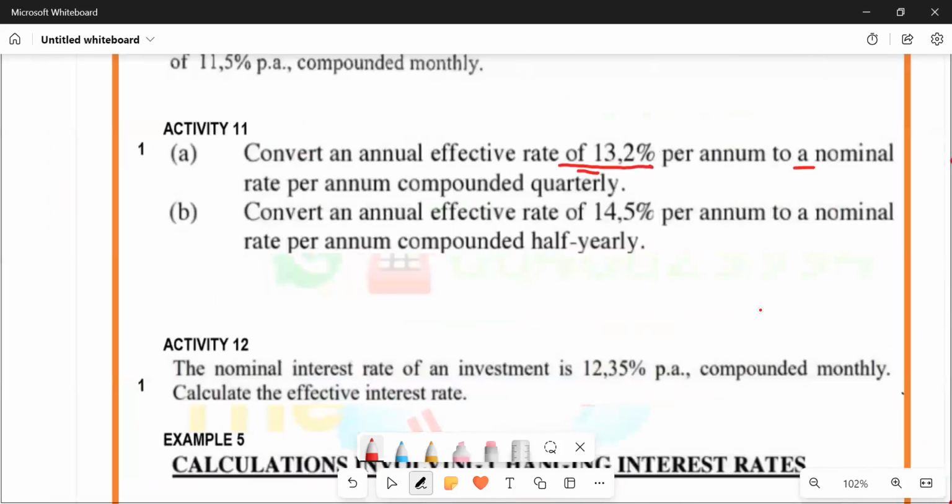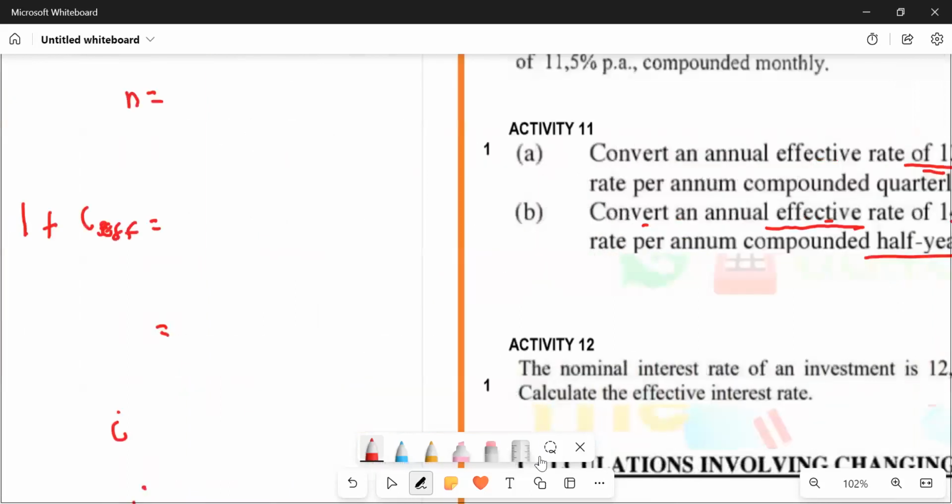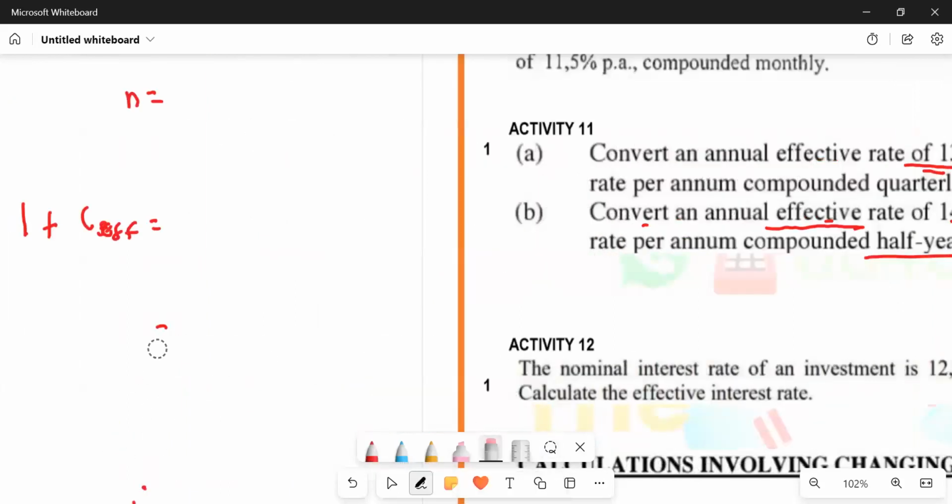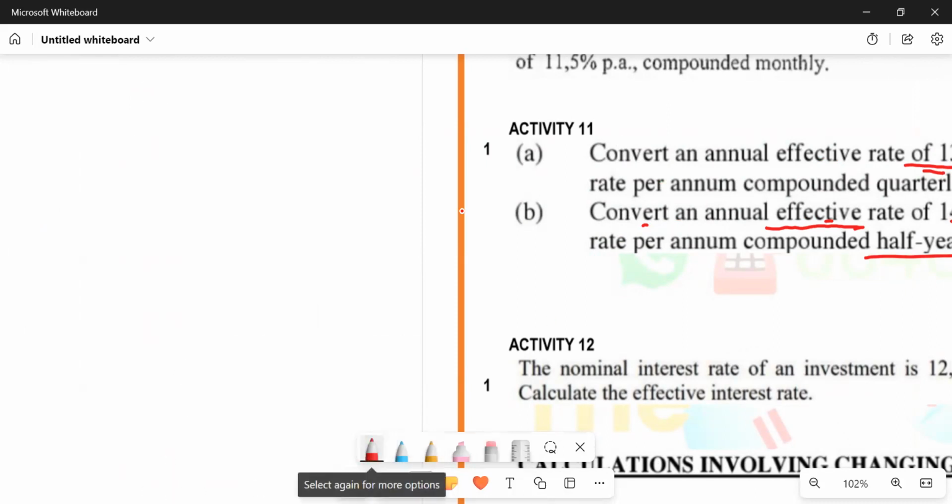Now, number B. What are we doing with number B? We're doing exactly the same thing. We're converting the effective interest rate of 14% per annum to a nominal interest rate, compounded half yearly. Okay, how would we do this one? Again, we still have i effective. So what is our i effective?